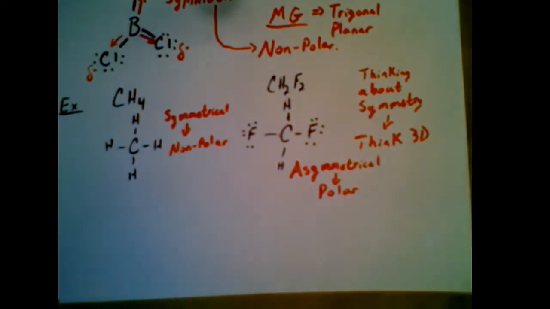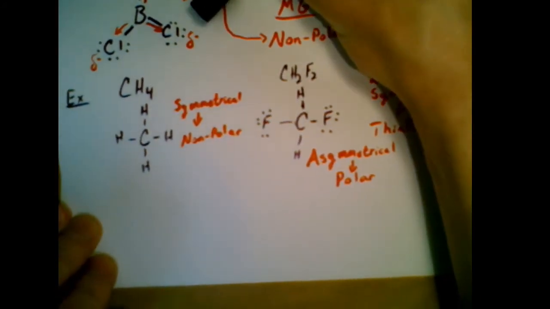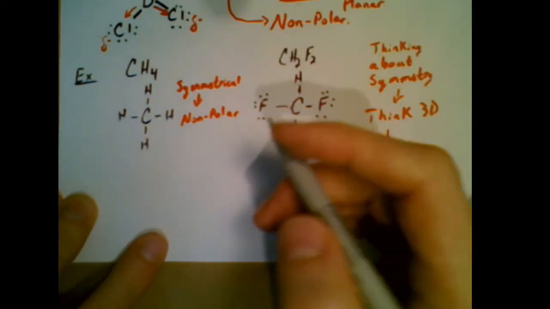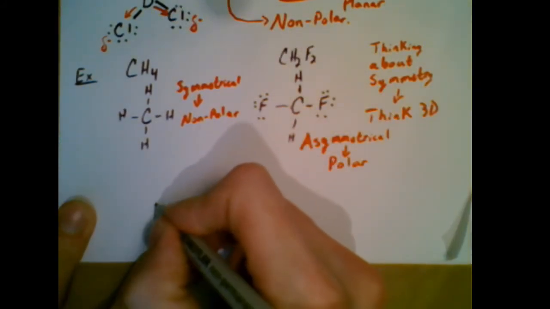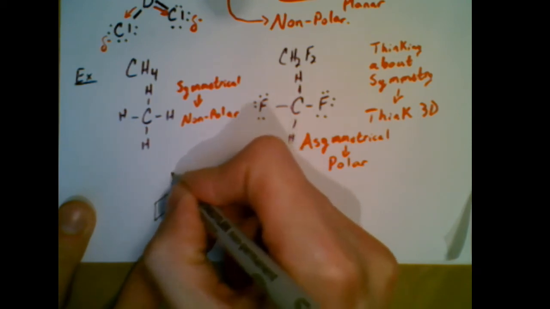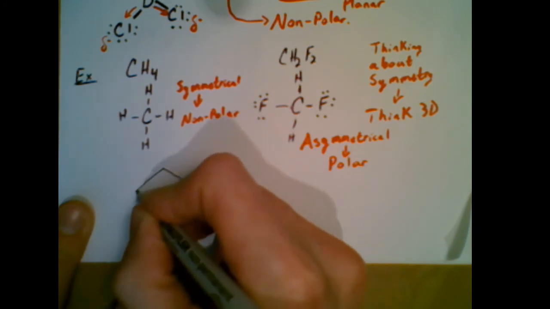A great way to think about symmetry is to think about a mattress. This is my classic example that I always give. Let's say you go to the mattress store and you just buy yourself a regular old mattress. Is that mattress symmetrical?